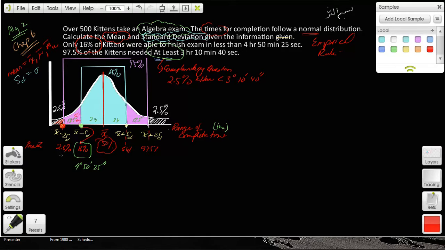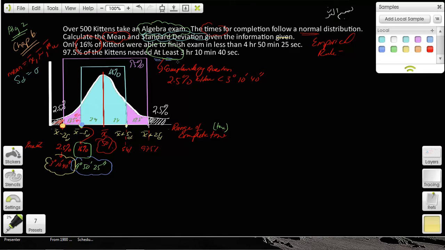This corresponds to this data point over here, so this data point is 3 hours, 10 minutes, and 40 seconds. This is the information that's given. This value corresponds to this data point, and this value corresponds to this data point over here.